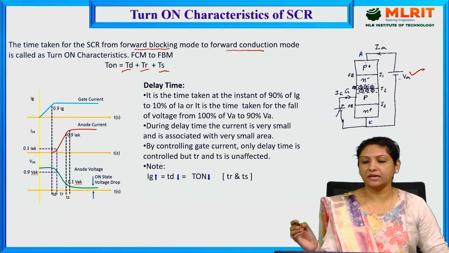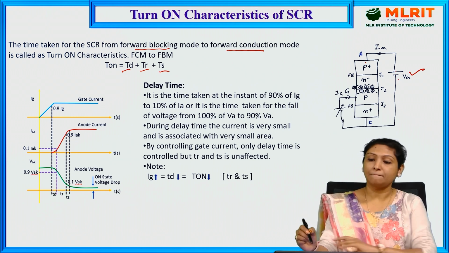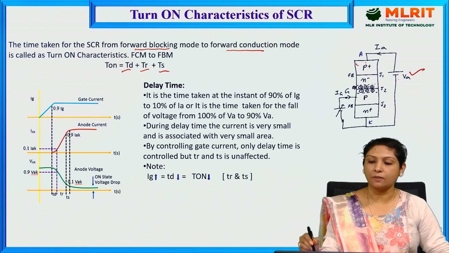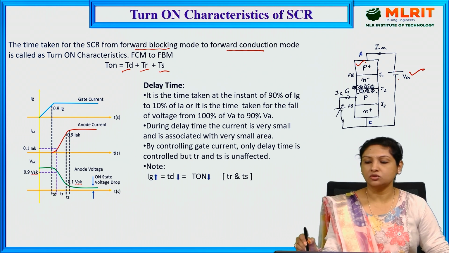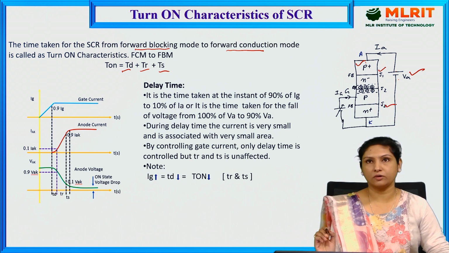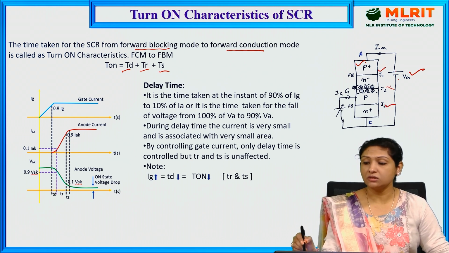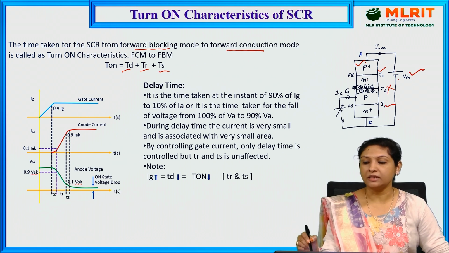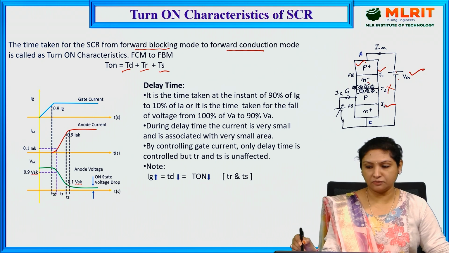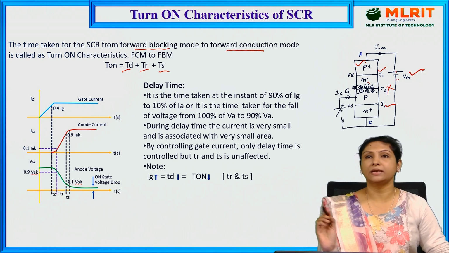In this case, the upper P terminal is connected to positive and the outer N layer is connected to negative. That is the reason J1 and J3 are forward biased and J2 is reverse biased. That is, the inner N layer is connected to the positive terminal and the inner P layer is connected to the negative terminal.